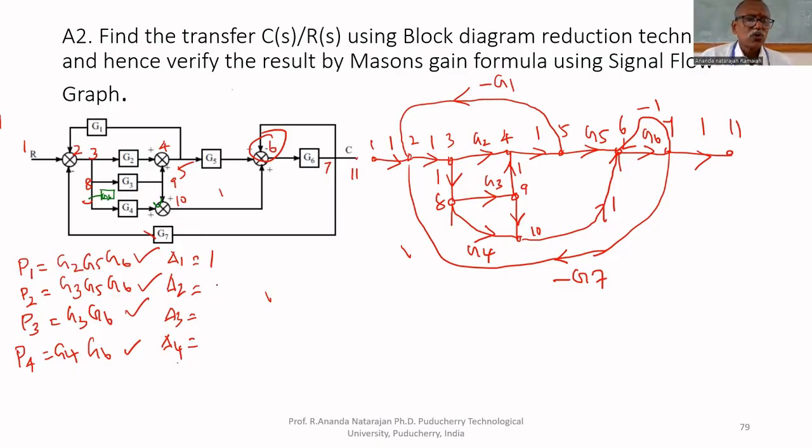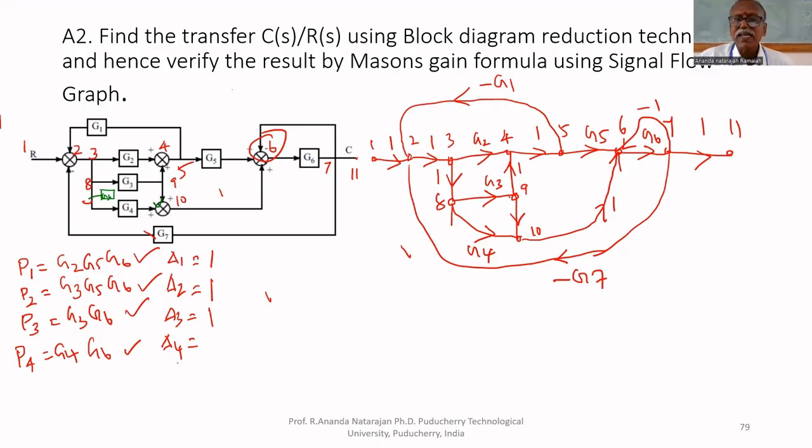Delta 2, G3. The part of the graph which is not touching the forward path is only 10. No loop is there. That's why that is also 1. Delta 3, G3, G6. Part of the graph is 5 and 10. No loop is there at 5 and 10. That's why that is also 1. Delta 4, G4, G6.